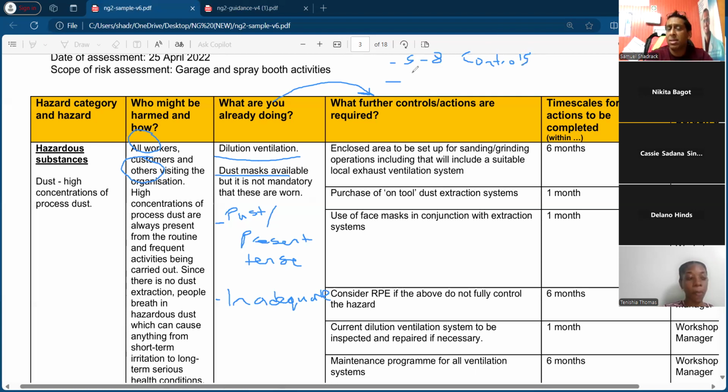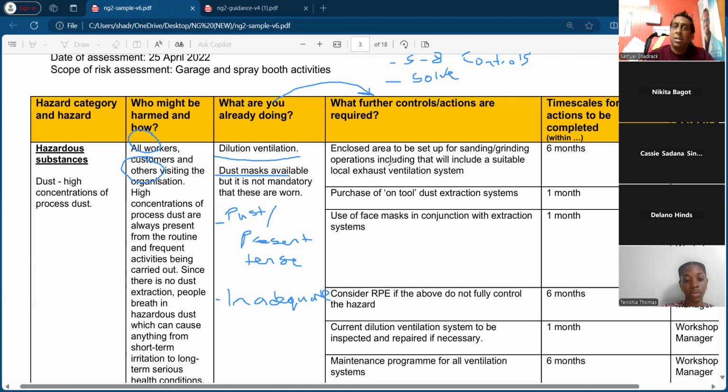They must be practical. And there's something here that NEBOSH requires. One of the things they require you to do is match this up to the hierarchy of control, which is not in this sample, right?